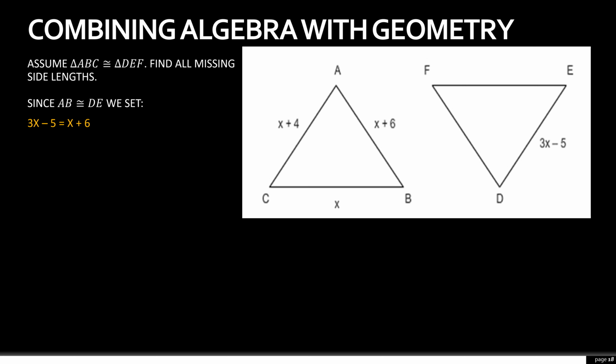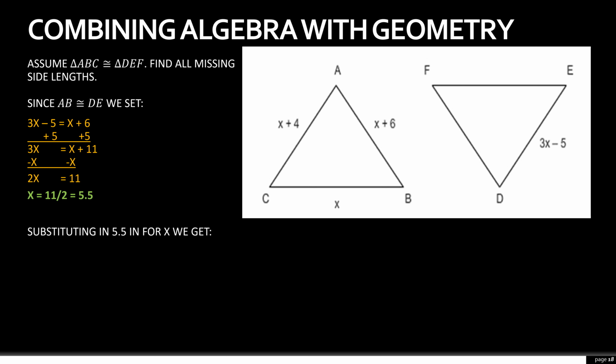And to solve for x pretty much becomes an algebra problem. So I'm going to add 5 to both sides. I get 3x equals x plus 11. And then I'm going to subtract x on both sides, and I end up with 2x equals 11. And dividing by 2 gives me 5.5. So I use 5.5 to substitute that in for the values of x. And that'll give me my corresponding side lengths.